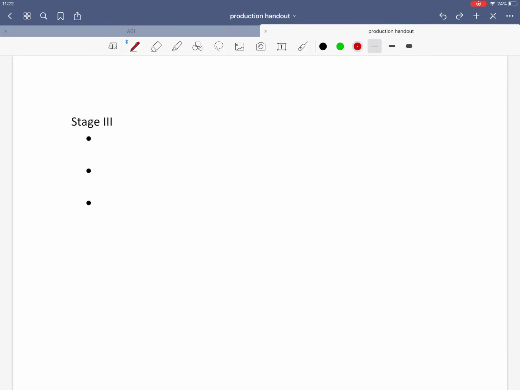So we're going to have stage 3. Now during stage 3 of production, we're going to see that total productivity decreases. So we're producing less. So if we're paying attention to marginal product, that means that marginal product is going to be a negative number, which means that we have negative marginal returns.